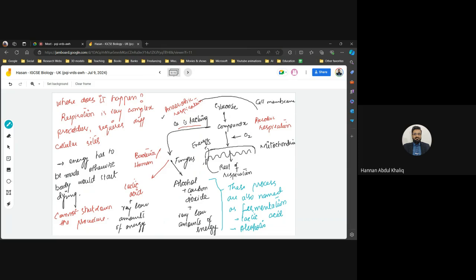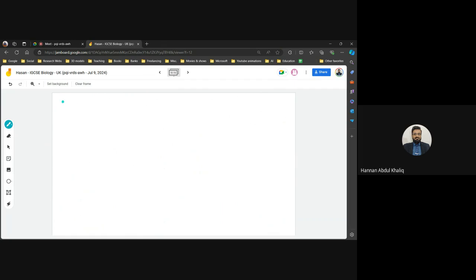So aerobic respiration can turn into anaerobic respiration during excessive exercise. It is very important to know that aerobic respiration is occurring in your body every time, when we relax.